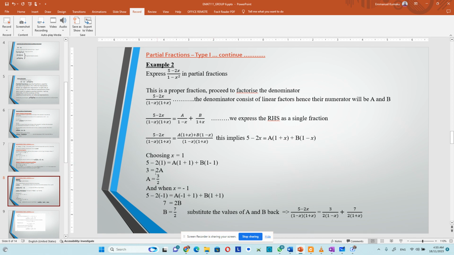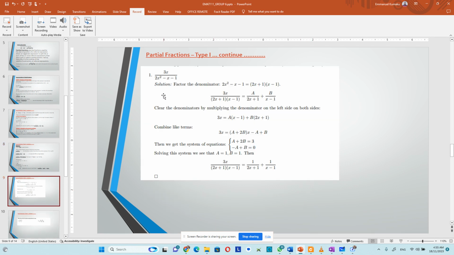So the b will drop, and we have 2 is equal to 2a, then a is equal to 1. And when x is equal to negative 1, the a drops, and when you solve, you get b is equal to 4. Then you put them back into their constituent positions.